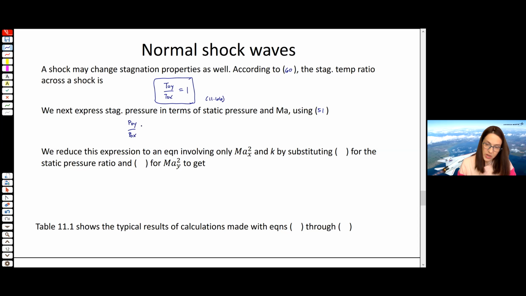So we've got our ratio of stagnation pressures, but it's in terms of both Max and May, both the upstream and downstream Mach number.